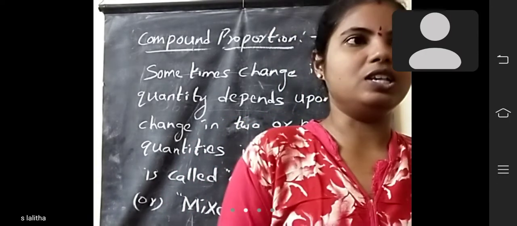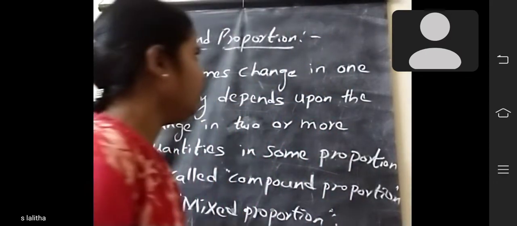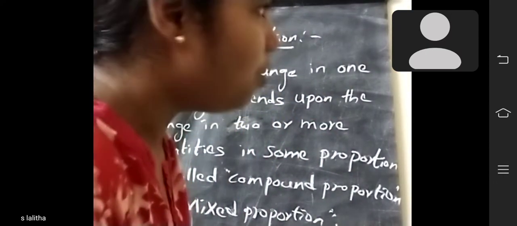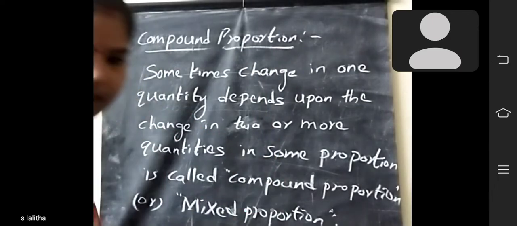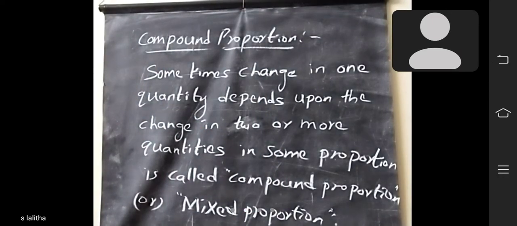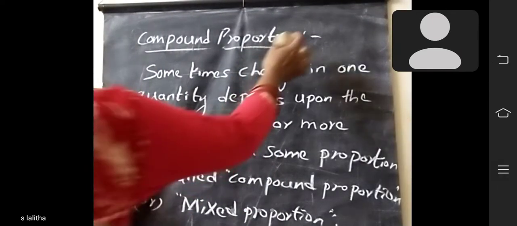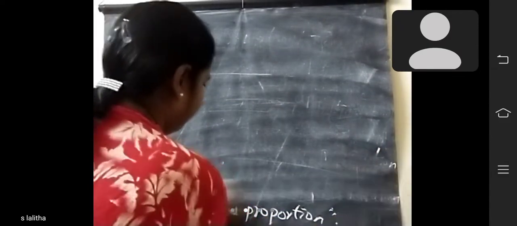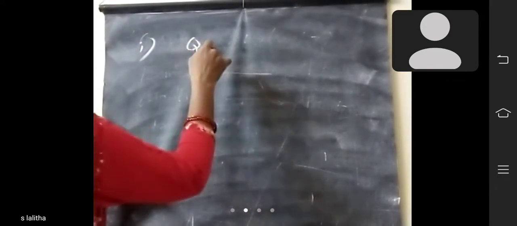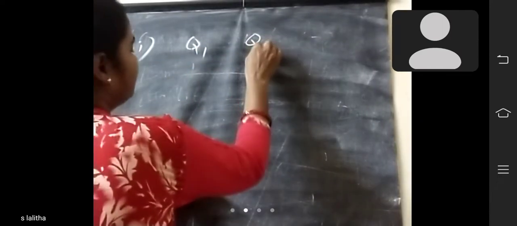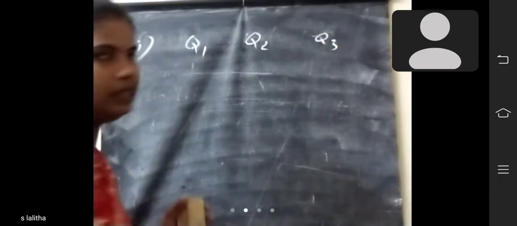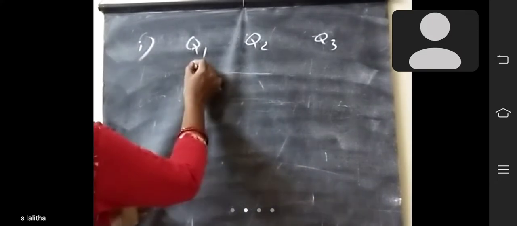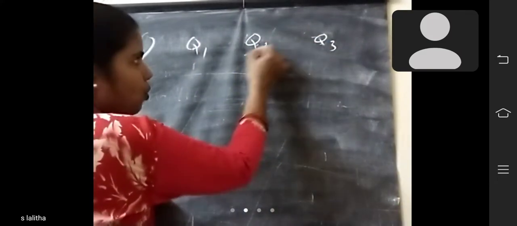Okay. So first case is, three quantities are there, no? I will explain on the board. Here we are having three quantities. Quantity 1, quantity 2, quantity 3. Quantity 1 depends upon these two quantities.